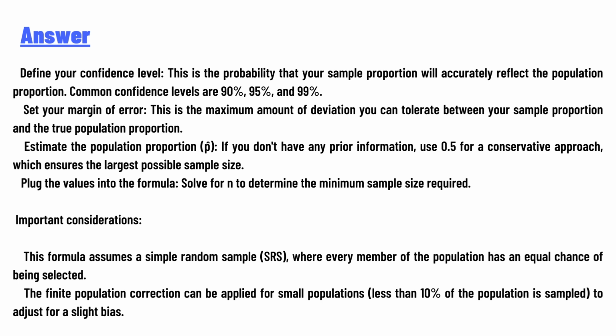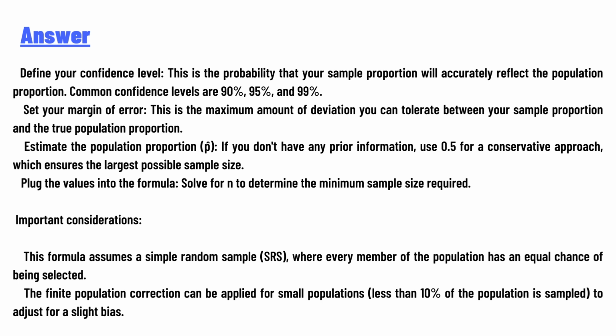Estimate the population proportion. If you don't have any prior information, use 0.5 for a conservative approach, which ensures the largest possible sample size. Plug the values into the formula. Solve for n to determine the minimum sample size required.